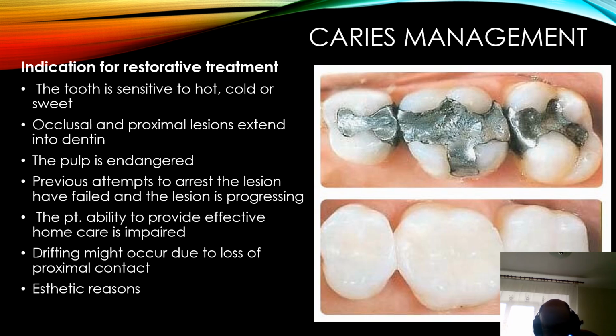Previous attempts to arrest the lesion have failed and the lesion is progressing. The patient's ability to provide effective home care is impaired. And drifting might occur due to loss of proximal contacts. And of course, aesthetic reasons.